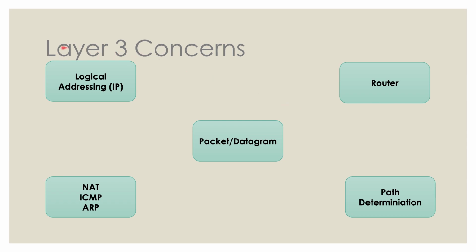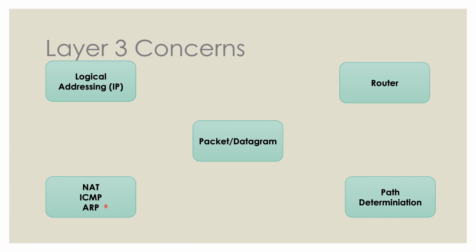So when we talk about layer 3, we are using IP addresses, not MAC addresses like we do in the data link layer. We are using 4 octets and various classes of IP addresses. Protocols we are using: we're going to be using NAT, ICMP, and ARP, so network address translation and address resolution protocol.